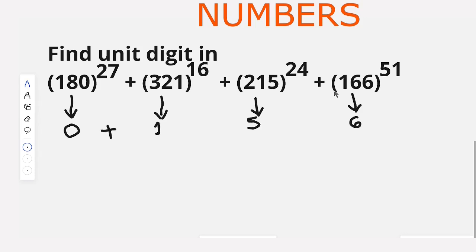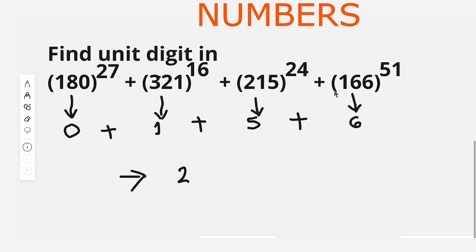So in this question, we have to find the ones place after expansion of all these. So 0 plus 1 plus 5, 1 plus 5 is 6, plus 6 is 12, and 12 has ones place 2. So the ones place will be 2 after the expansion of the given question.